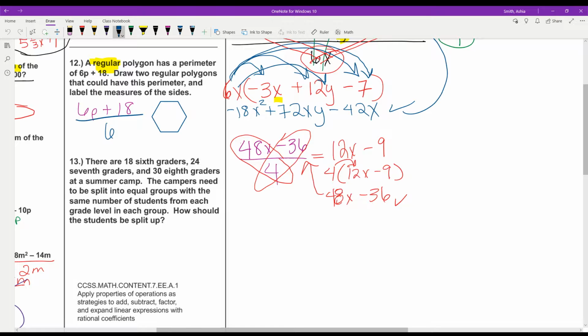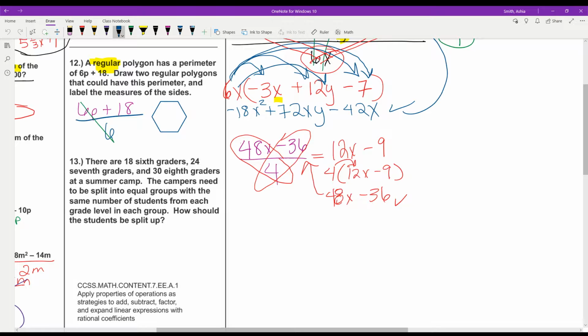And in order to find out what each side length is, we'll just divide out the 6. So 6p put into 6 groups, there's going to be 1 p in each group. So that's just simply p, because the identity property states that we should not write the 1, because 1 is always present, and anything times 1 is itself.